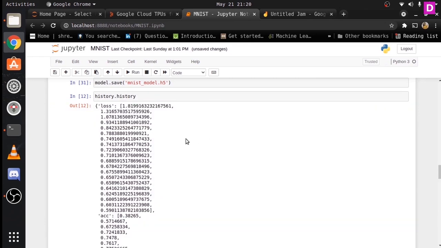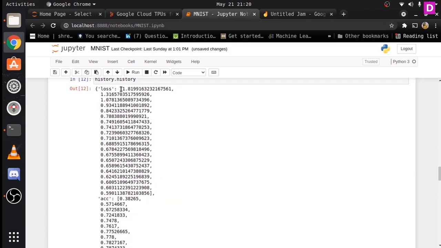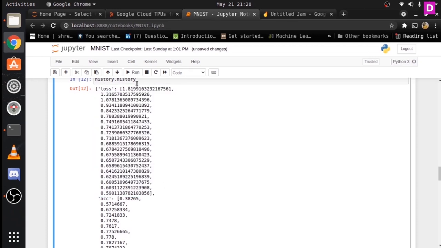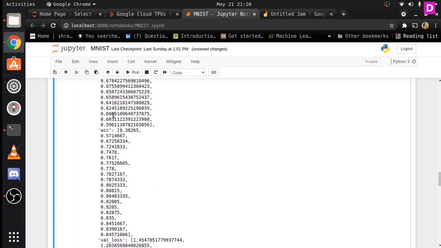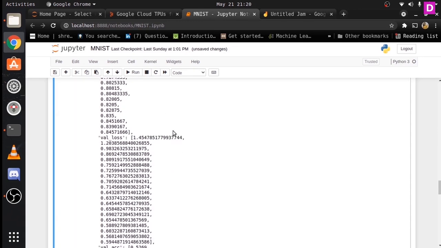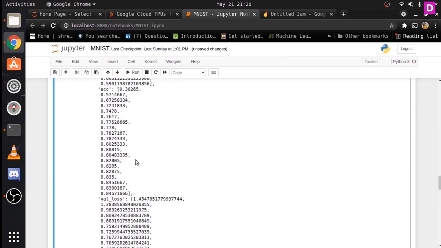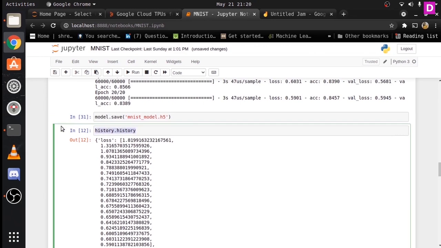So we can see here, these are the different losses from the first epoch, and this keeps on decreasing till the final epoch. In the same way we have accuracy, from the first epoch to the final epoch. The same way we have validation loss and validation accuracy. So this is how we save the history variable.